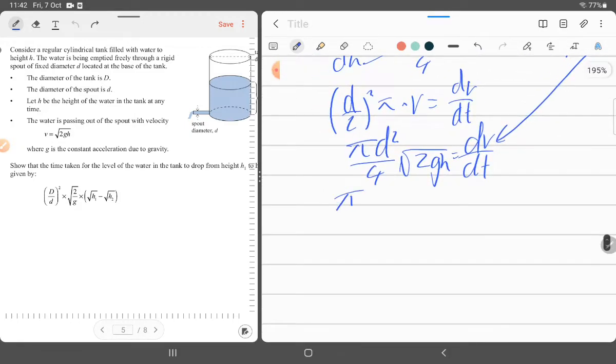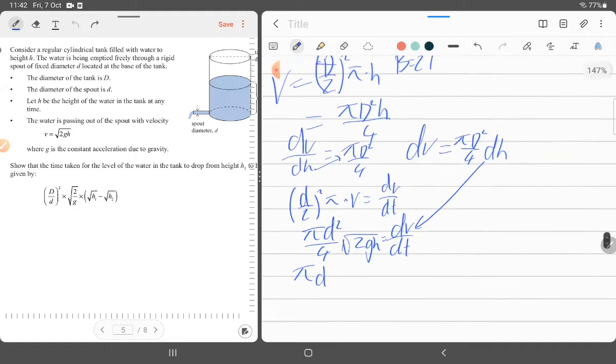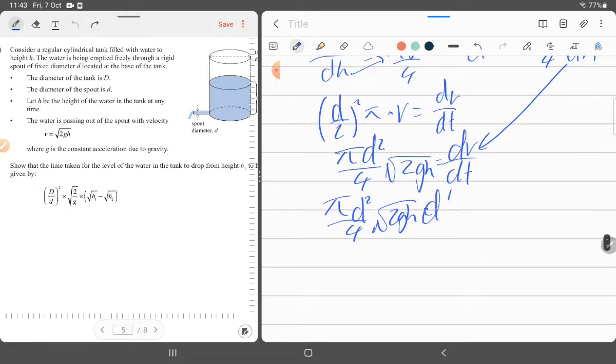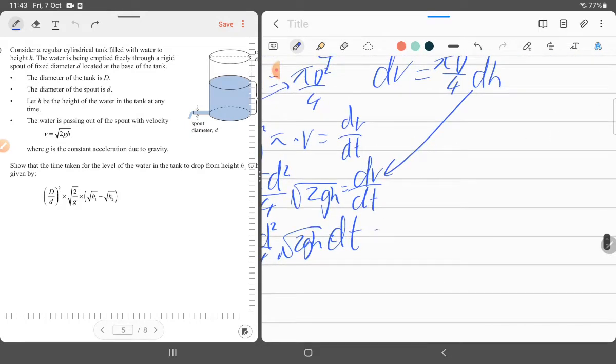So pi D squared over 4 times square root of 2GH is equal to... actually let me just bring that dt here, pi D squared over 4 dH.